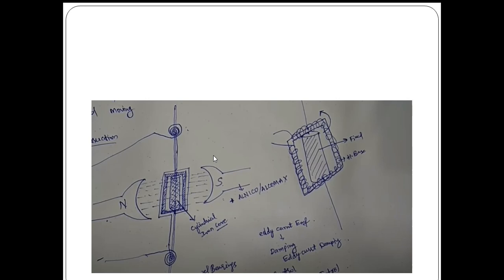So just now we have seen the construction and working of the PMMC meter. It mainly consists of two permanent magnets. That's why it is called a permanent magnet, and the coil is rotating, so it is called moving coil. First of all, we have a rectangular frame, and on this frame we wind the coil.